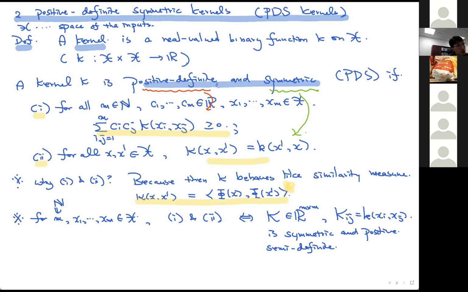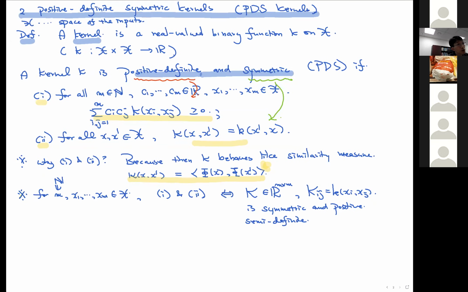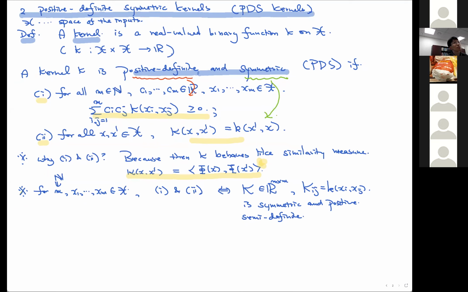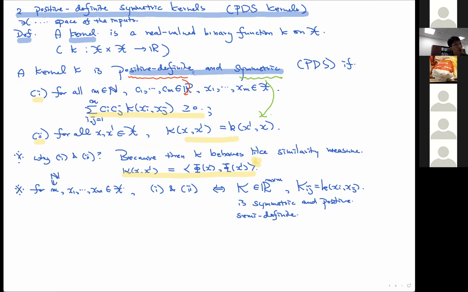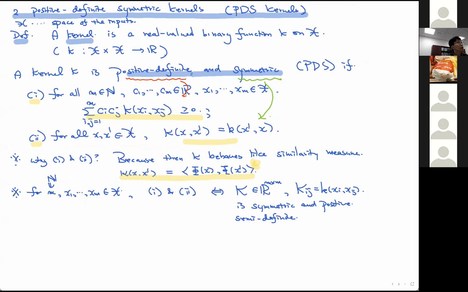So this positive semi-definiteness means the following. It's about matrix. The positive definiteness that we defined is about the kernel function.